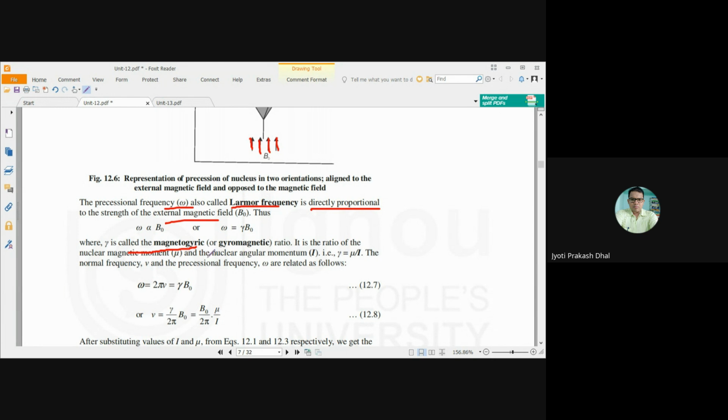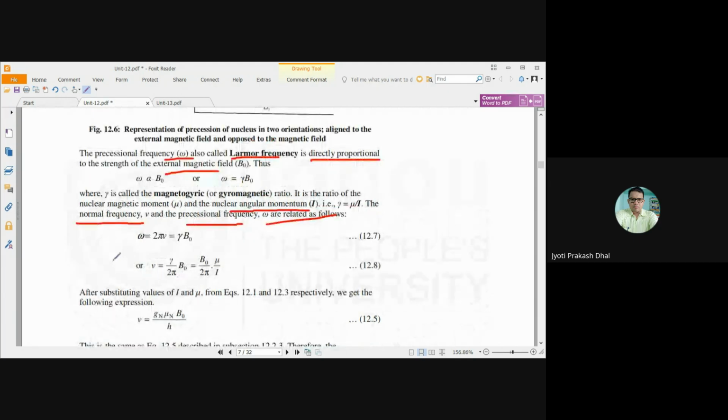It is the ratio of the nuclear magnetic moment mu and nuclear angular momentum I. So gamma equals mu by I. The relationship between the linear frequency nu and omega is omega equals 2 pi nu, which equals gamma B naught.